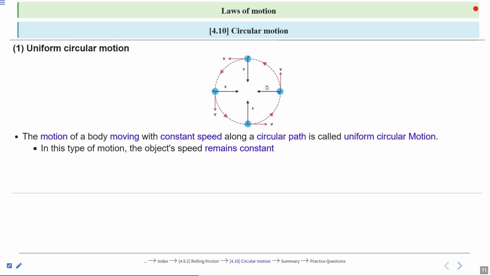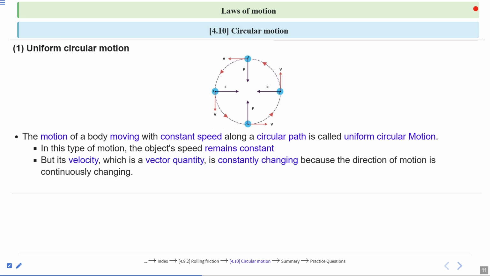And here F is acting towards the center of the circular path. If we talk about the velocity of uniform circular motion, its velocity, which is a vector quantity that has both magnitude and direction, is constantly changing. Why? Because the direction of motion is continuously changing.